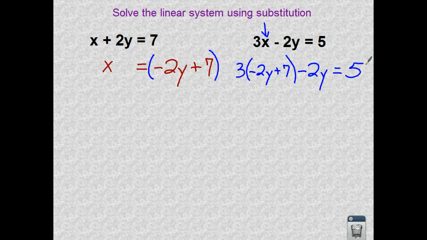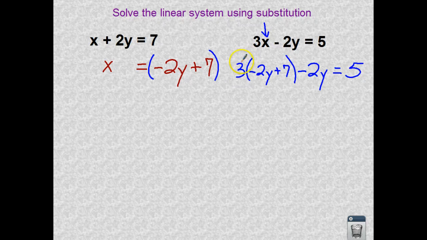So there is our substitution. We isolated one of the variables. We have this quantity of negative 2y plus 7. It substitutes into the other equation where we saw x, and now we are going to do some solving.